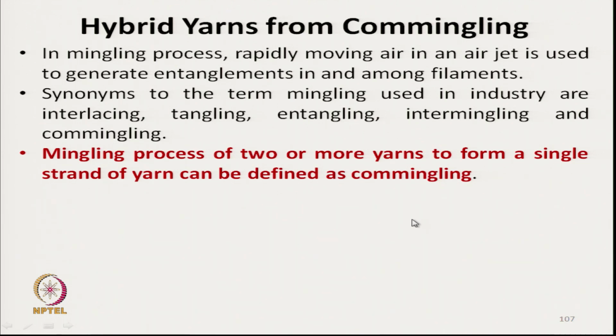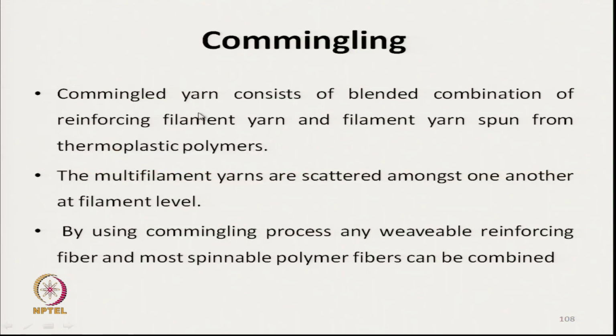So, we can have more than two components if we want, and this mingling is generally done by air jet. Commingled yarn consists of blended combination of reinforcing filament yarn and filament yarn spun from thermoplastic composite. The multi-filament yarns are scattered amongst one another at filament level.